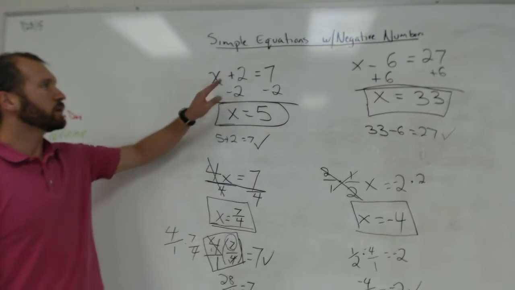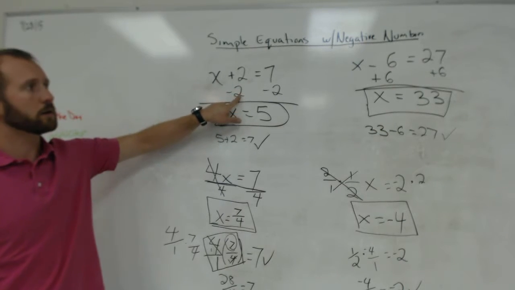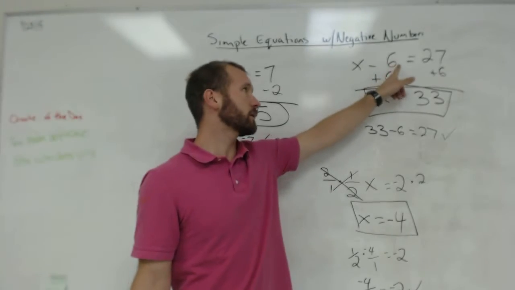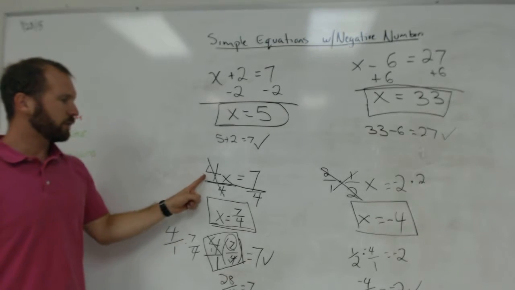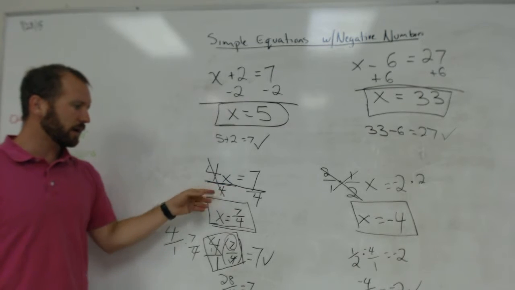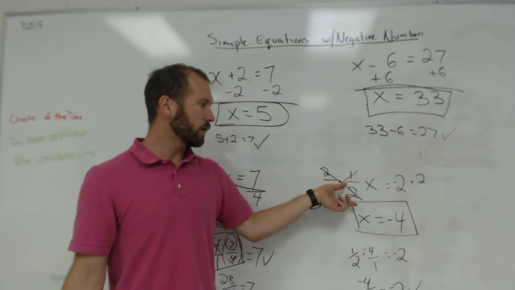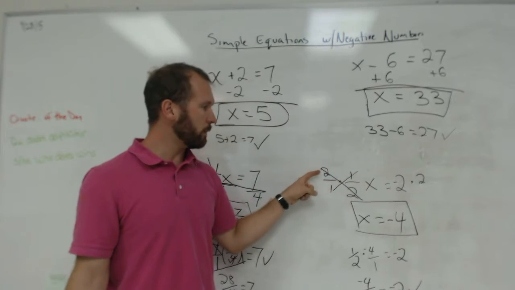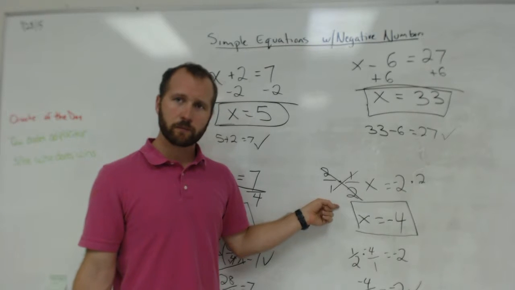So, if we see plus 2, we subtract 2 to get rid of it. If we see minus 6, we add 6 to get rid of it. If we see 4x, we divide by 4 to get rid of it. If we see 1/2, or if we saw x over 2, we multiply times 2 to get rid of that 1/2.